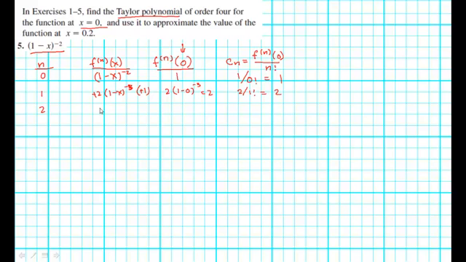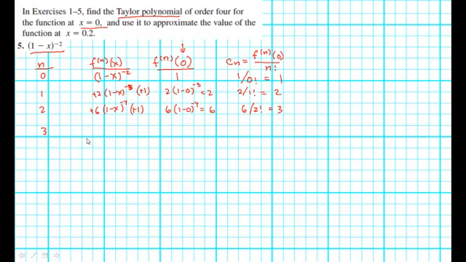I bring this power down and I end up getting a negative 6 there, 1 minus x to the negative 4, and then of course I get that chain rule again, which makes that a positive. I'm going to end up with 6 times 1 minus 0 to the negative 4, which is 6, so I'm going to end up with 6 divided by 2 factorial, or 3.